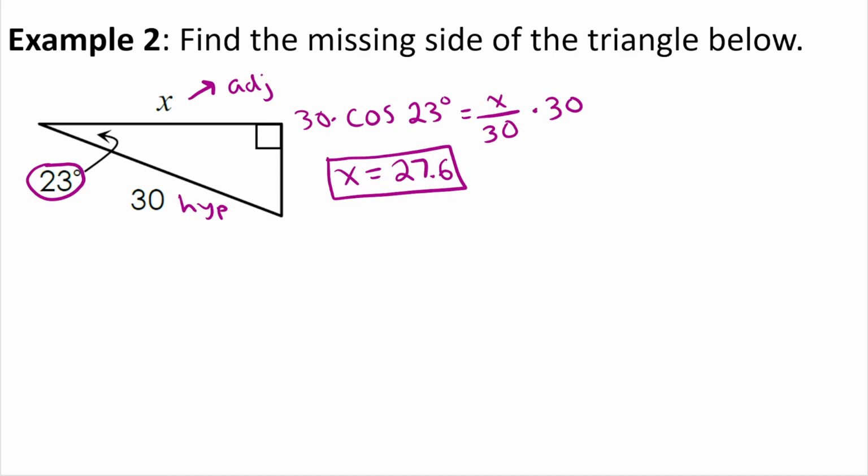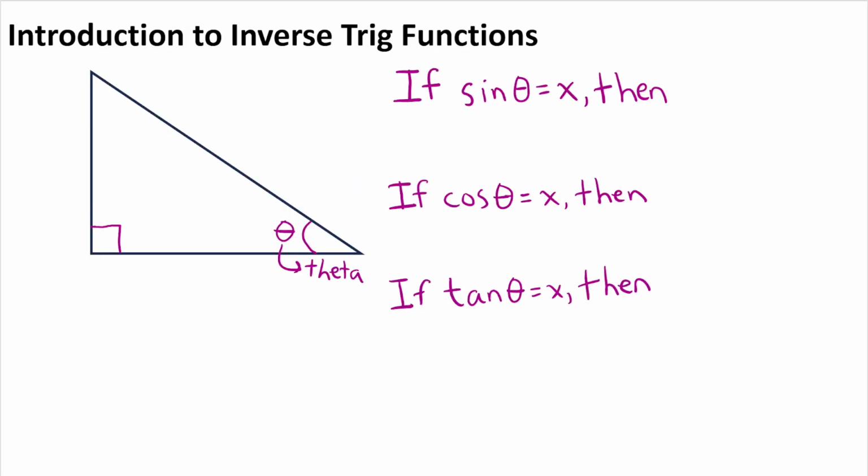So we just did 2 examples on missing sides of triangles. Now let's see how we can do it with missing angles. But before we do that, I think it's a good time to introduce inverse trig functions to you. When you're missing an angle theta on a right triangle, you can use inverse trig functions to find out what that missing angle is. So for instance, if sine of theta equals x, then theta is equal to the sine inverse of x.